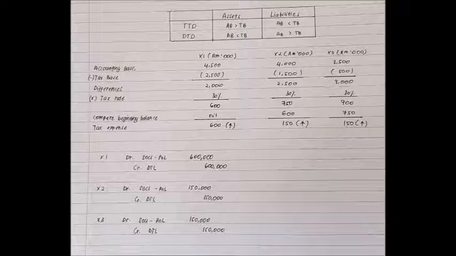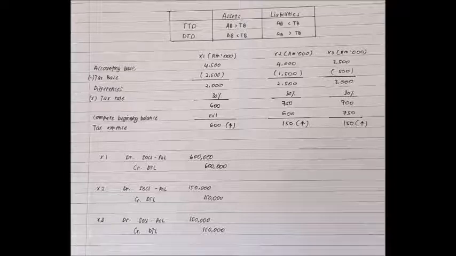Continue to year X3, where 3.5 million ringgit minus 500,000 ringgit equals 3 million ringgit TTD, times 30% equals 900,000. Minus brought forward of 750,000 in X2, equal to 150,000 ringgit for X3.